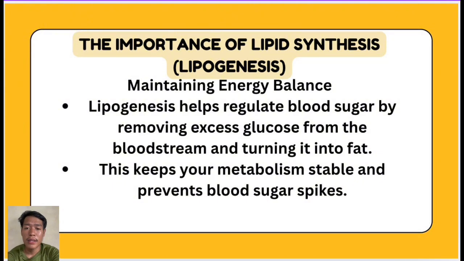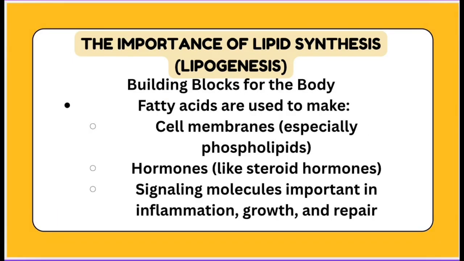So, that's the reason why runners, those who run marathons, eat a lot of carbs for energy storage. And they call it carbo loading. So another importance of lipid synthesis is as building blocks for the body.